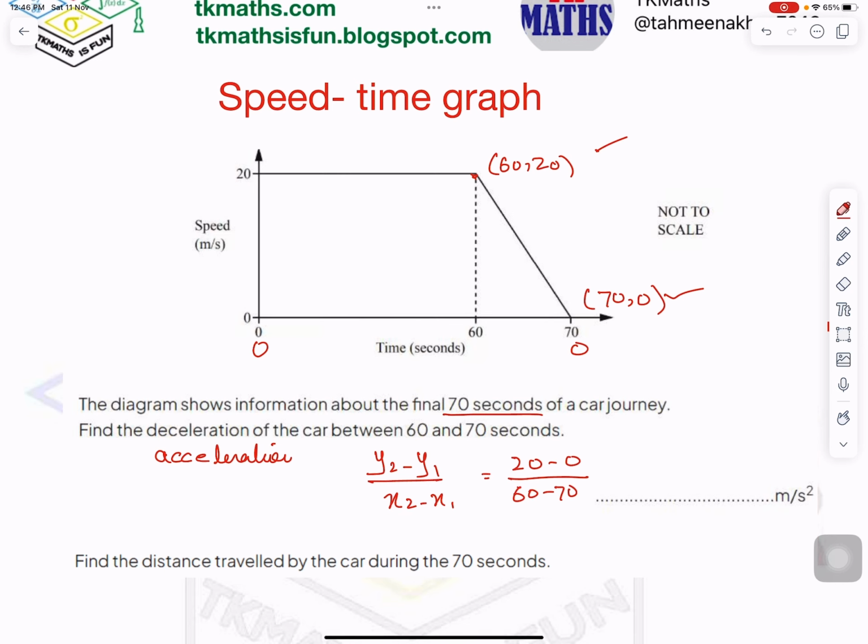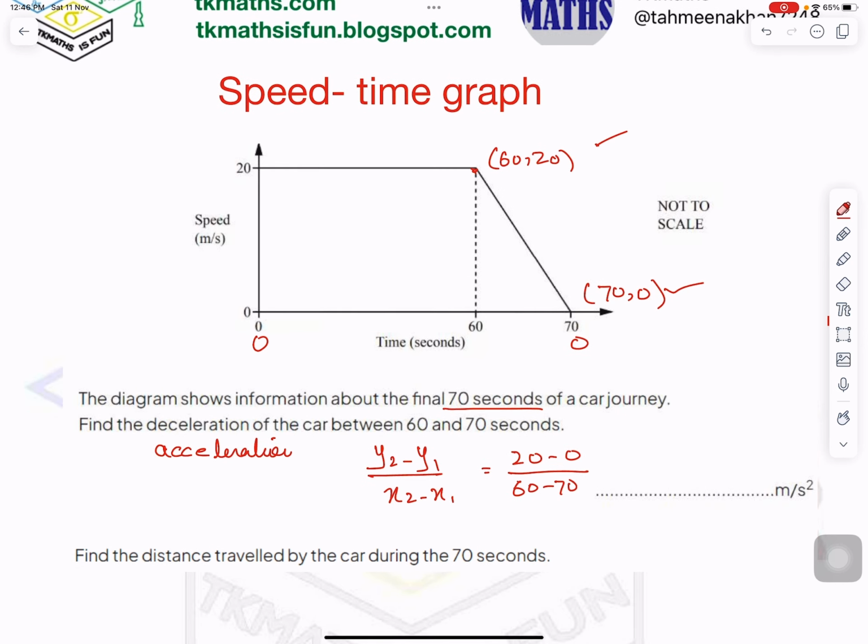And what did I get here? My answer should be positive or negative? Negative, right? Because the direction of the line is like this. So the rate of change will be 0 minus 20, divided by 70 minus 60, which is 10, so minus 20 divided by 10, which is equal to minus 2. So here you will write down the answer: minus 2 meter per second square.